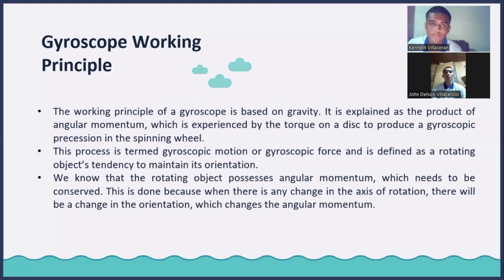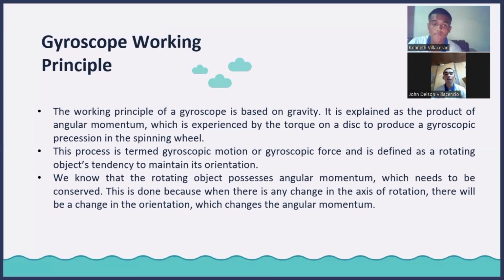Gyroscope working principle. The working principle of a gyroscope is based on gravity. It is explained as the product of angular momentum, which is experienced by a torque on a disc to produce a gyroscopic precession in the spinning wheel. This process is termed gyroscopic motion, which is defined as a rotating object's tendency to maintain its orientation.